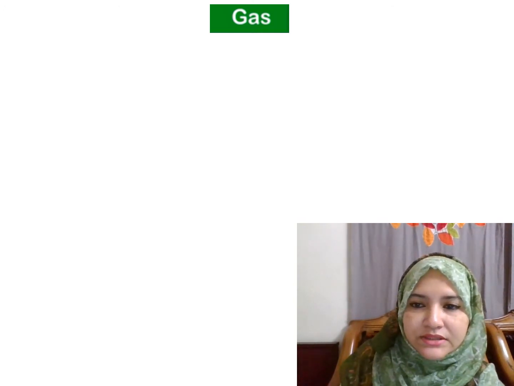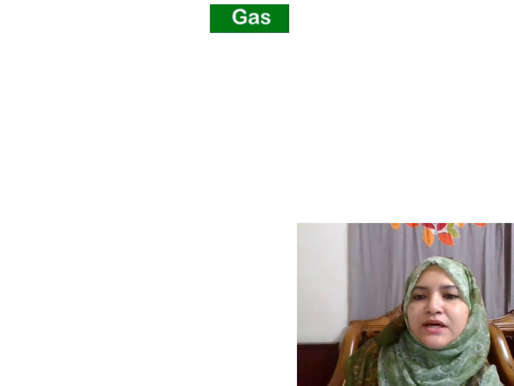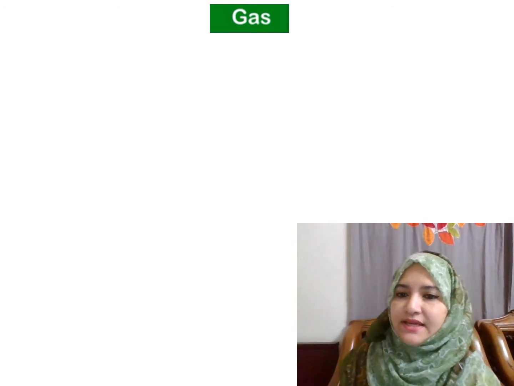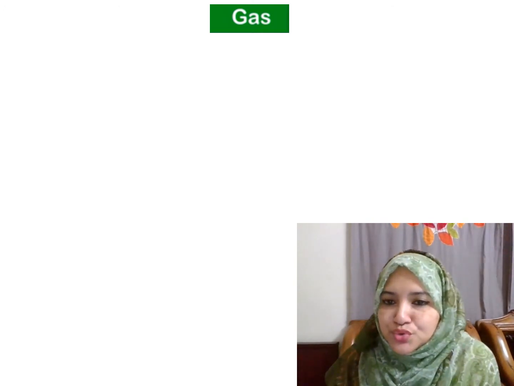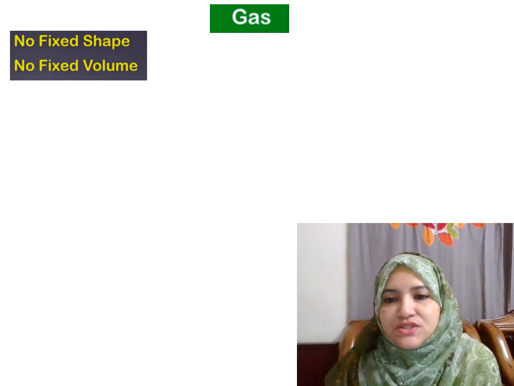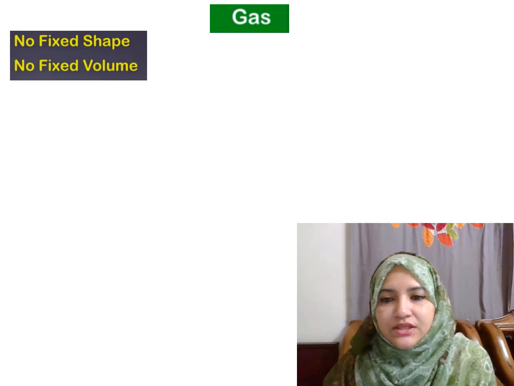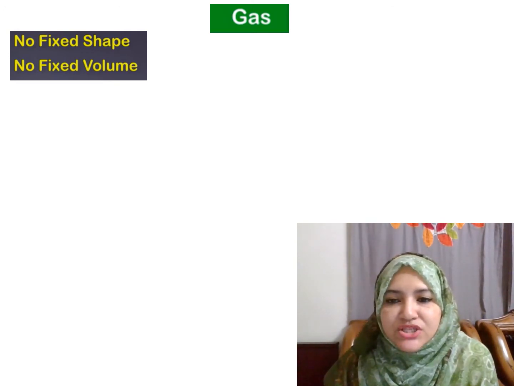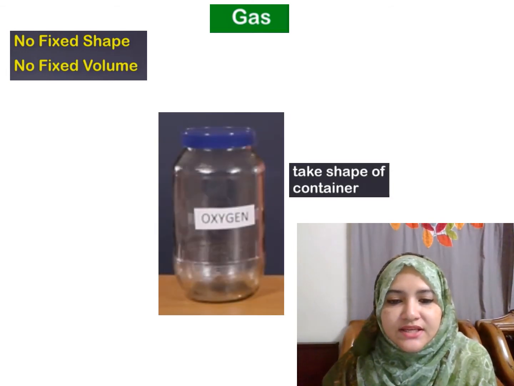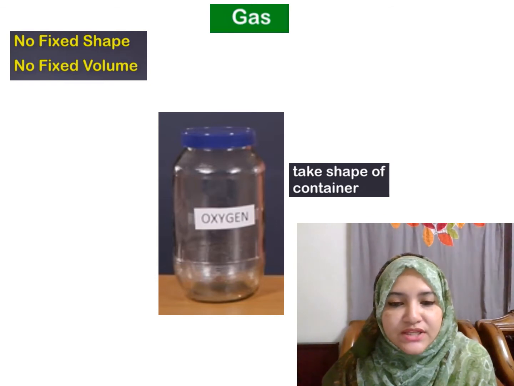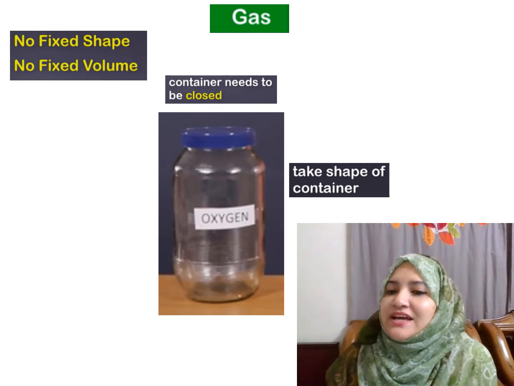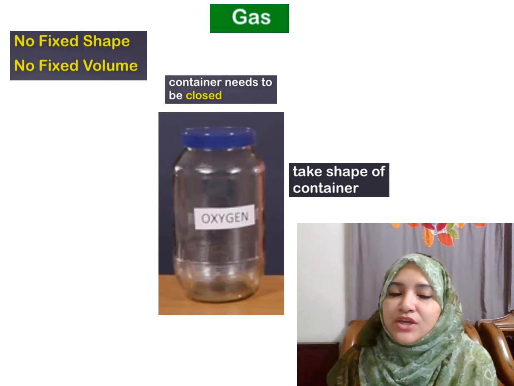Okay, and the third stage, now we have to look at the third state of matter: gases. Gases have no fixed shape and no fixed volume. Just like liquids, gases take the shape of the container they are in, and one difference is that the containers need to be closed.